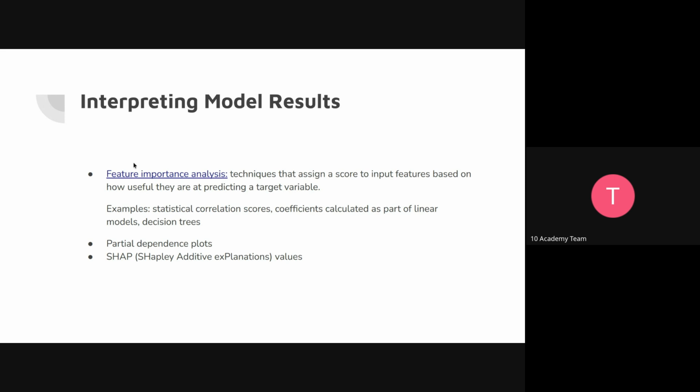But in regression we also want to understand the relationship between the features, the independent variables, and the target variable. So we can do what's called feature importance analysis, basically trying to understand how important each input feature is to the output.